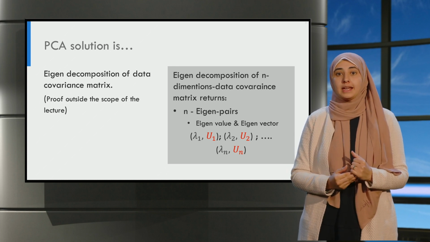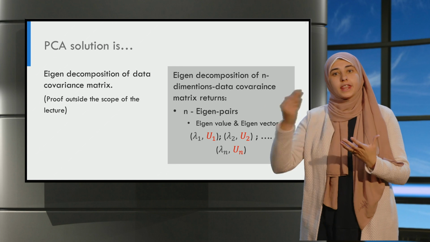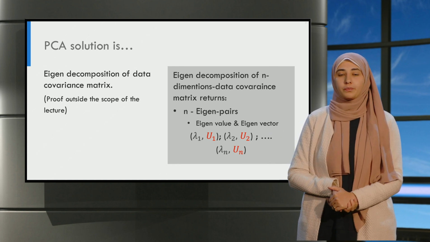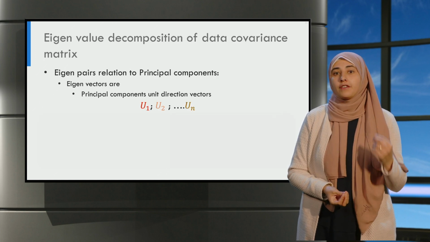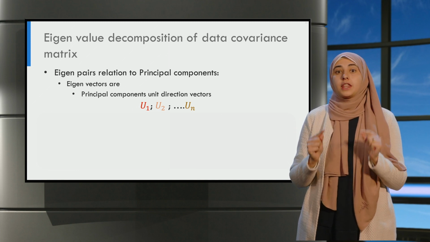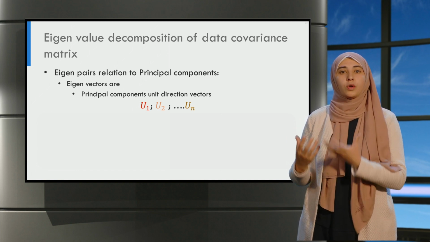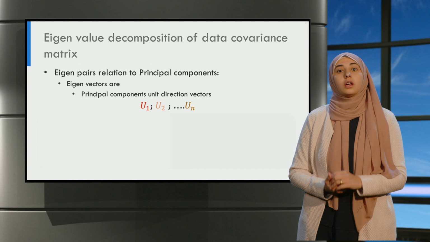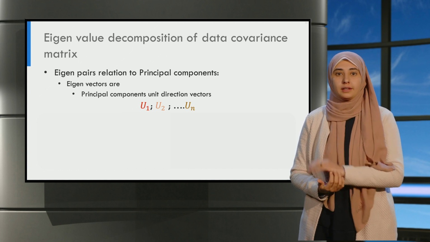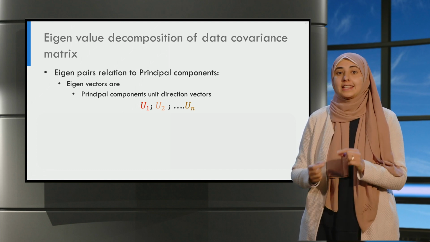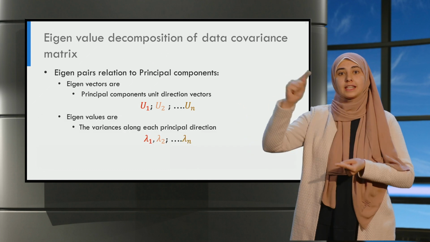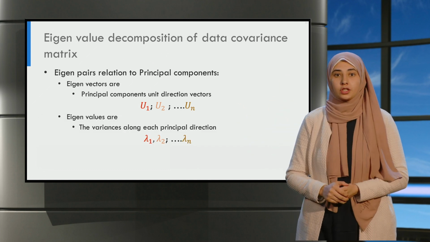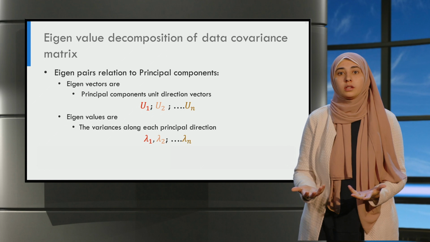Each eigenpair is an eigenvalue with its corresponding eigenvector. Those eigenvectors are unit vectors. They encode the principal component unit direction, so u1 till un direction vectors. And the eigenvalues are the variances along the principal directions, so our lambdas, lambda 1 till lambda n.